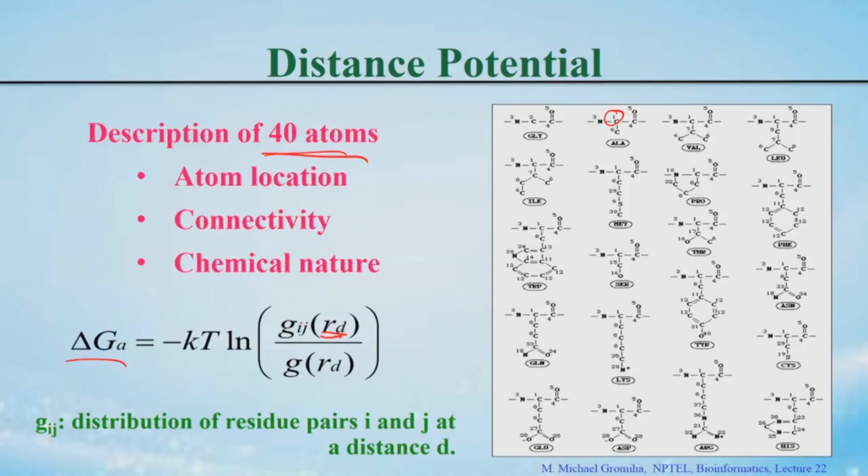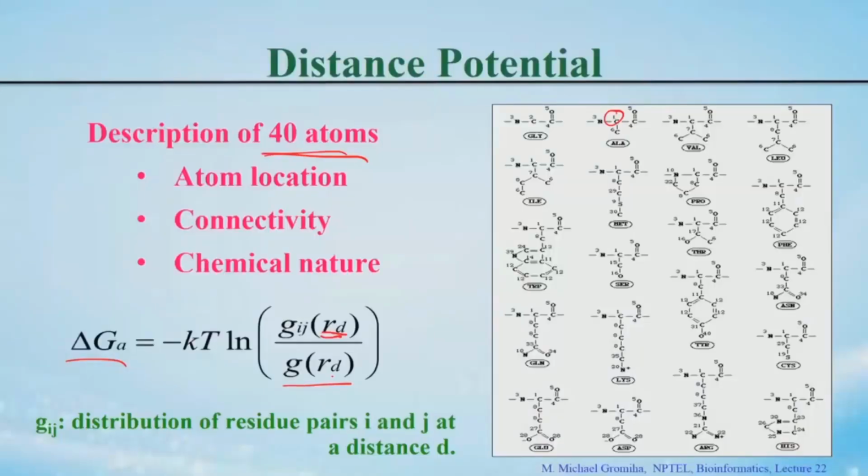So what is the preference of having these two residues in contact at any specific distance, say for example 6 angstrom or 8 angstrom, and the total number of contacts at the same distance. Using this information you can calculate the potentials as minus kT logarithm of this probability.